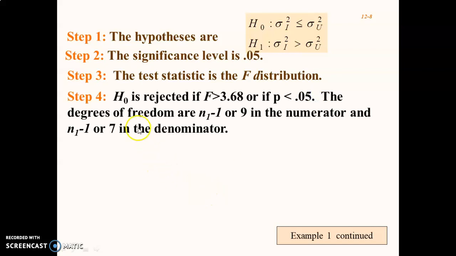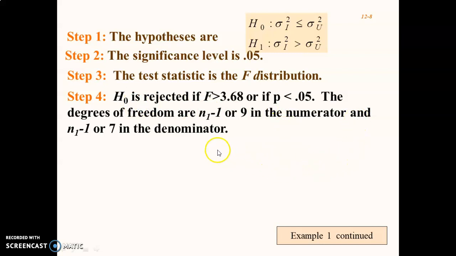And then step 4, state the decision rule. The null hypothesis is rejected if the computed F is greater than 3.68. Or if we are using p-value, the p should be less than 0.05 to reject the null hypothesis.